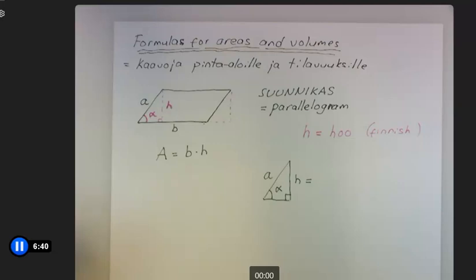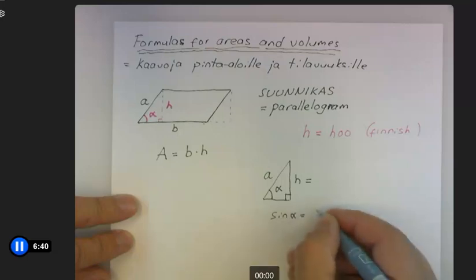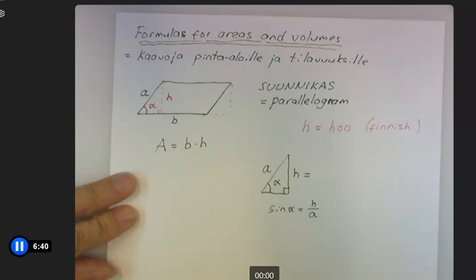What do we know now? We know alpha. Alpha, yeah, that is opposite over hypotenuse. Yes. Opposite divided by hypotenuse. So the formula would be sine alpha equals H divided by A in this picture.